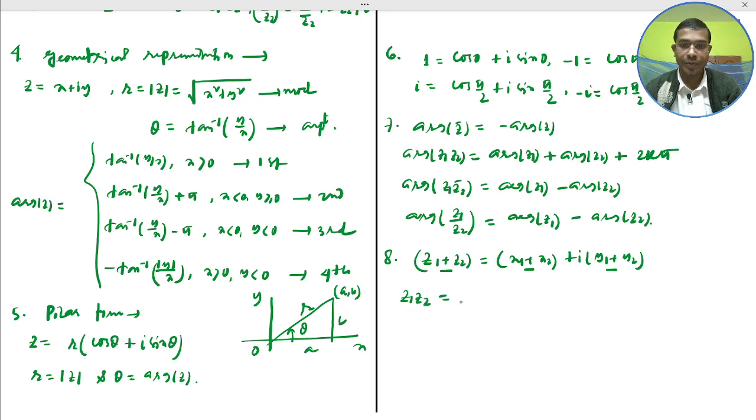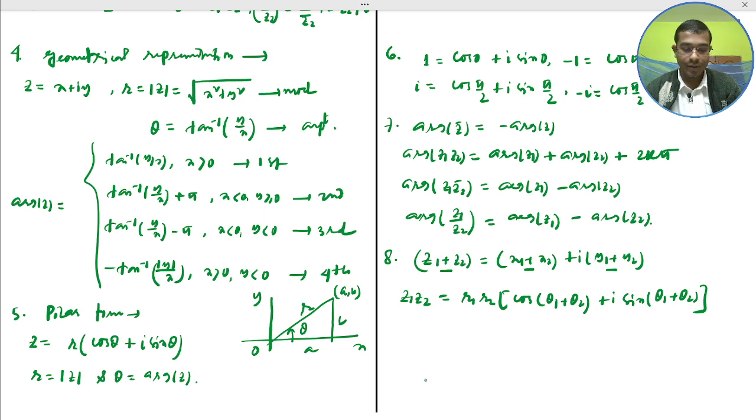So z1 z2 would be r1 r2 (cos (theta 1 plus theta 2) plus i sin (theta 1 plus theta 2)).